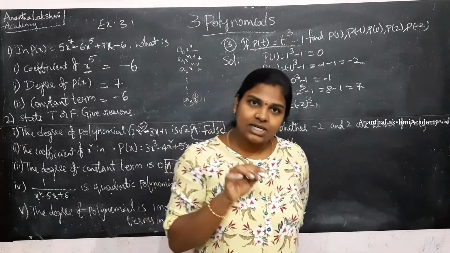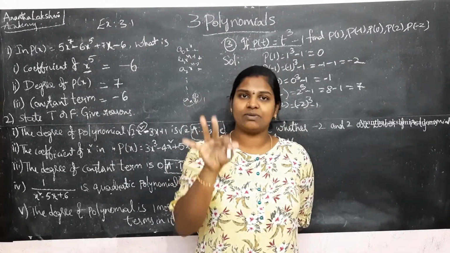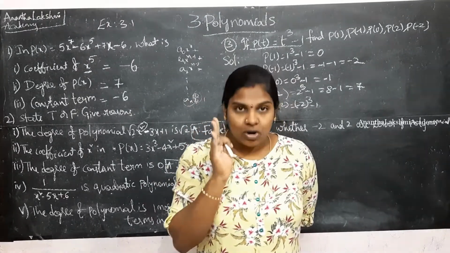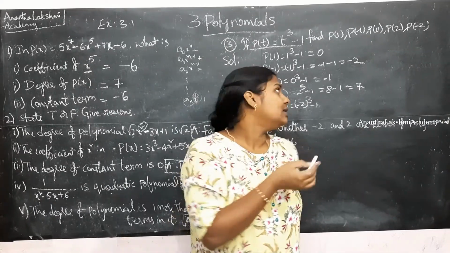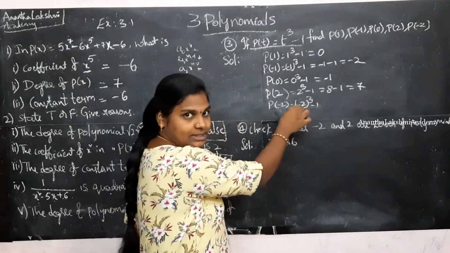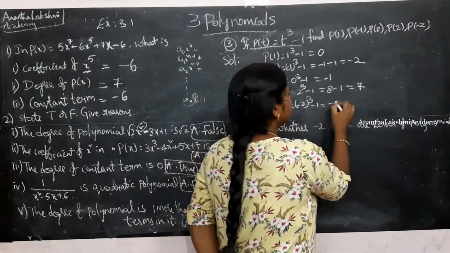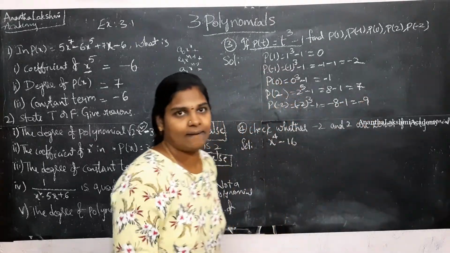So when you are substituting negative numbers, remember that the cube or the square, whatever the power of x, also applies to the symbol. I mean the positive symbol or negative symbol. The degree applies to that symbol as well. Alright, this becomes minus 8 minus 1, which is nothing but minus 9.